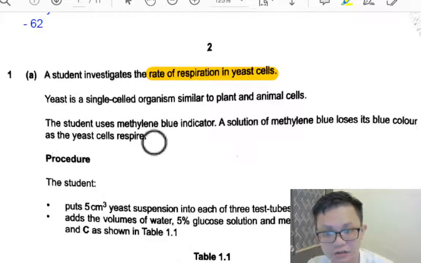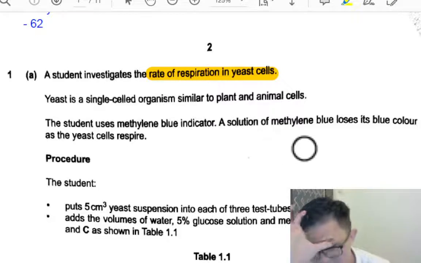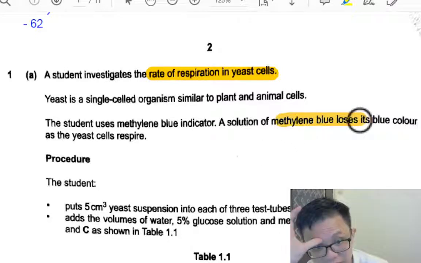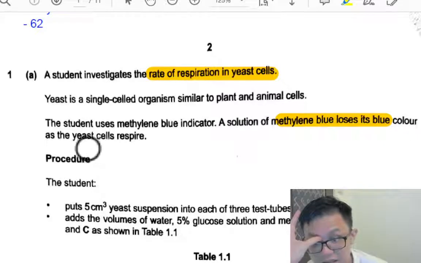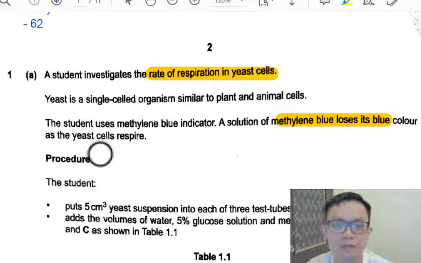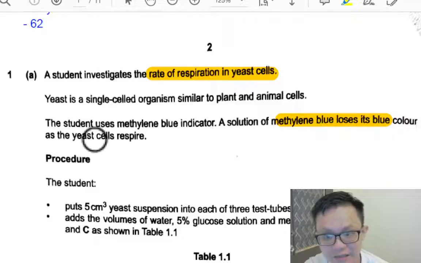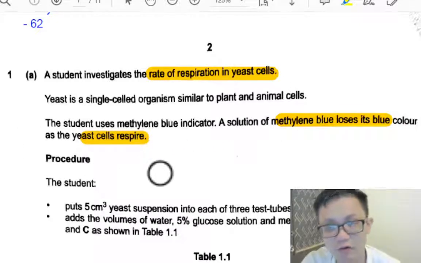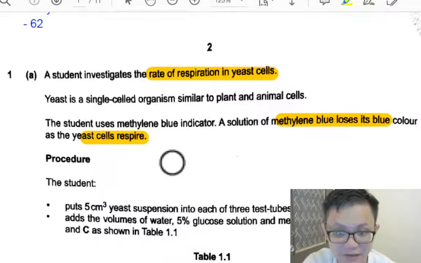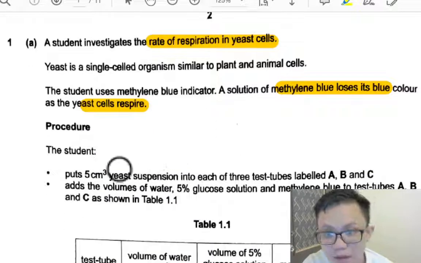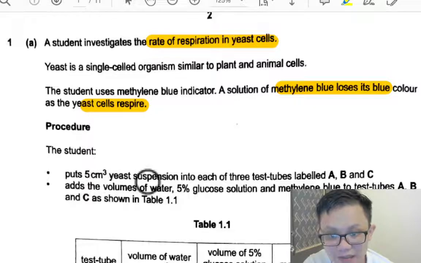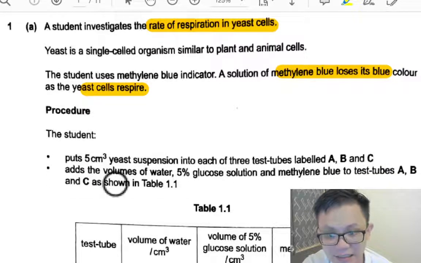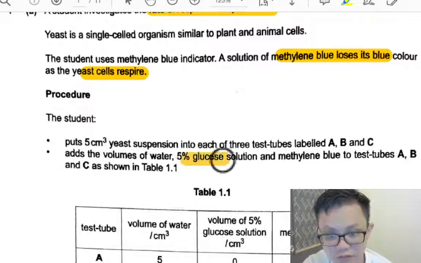The student uses methylene blue indicator, a solution. As the yeast cells respire, it loses its color. So maybe you want to know how fast it respires. Put yeast suspension into test tubes A, B, C, add the volume of glucose solution and then methylene blue in the test tube.